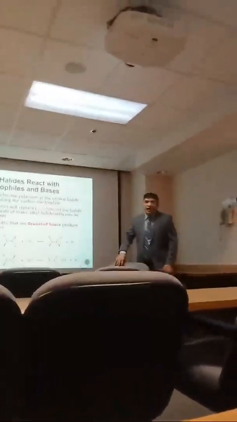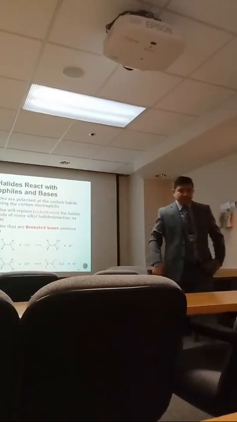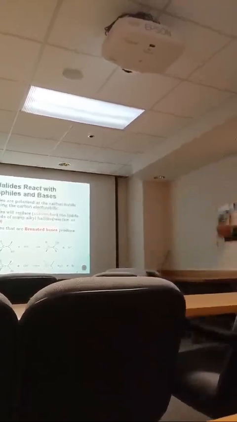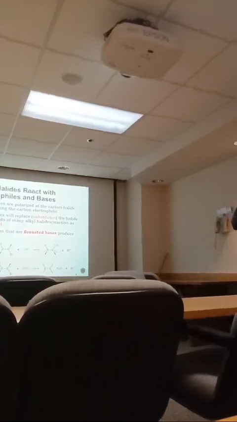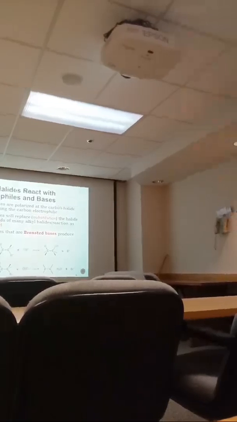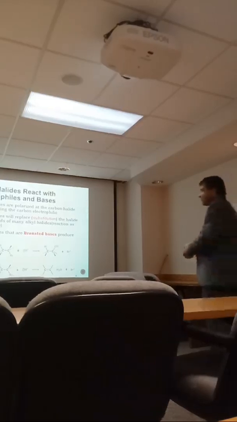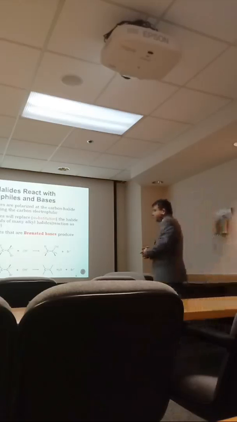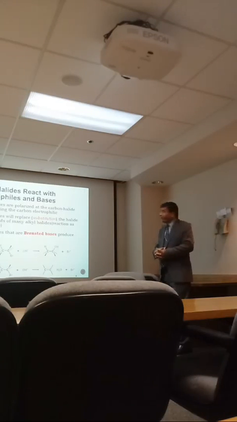We talked about some of the properties of organohalides, and then we talked about how reactive they are because of the electronegativity present in group 7 atoms: iodine, fluorine, chlorine, bromine.